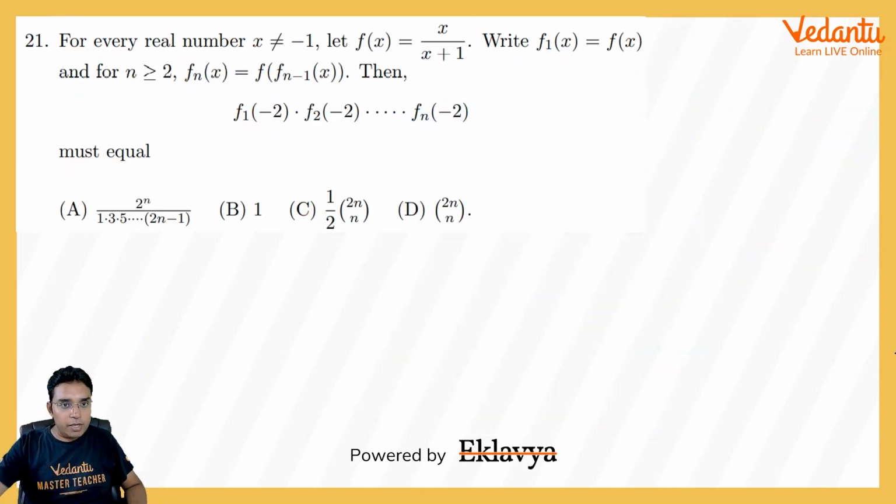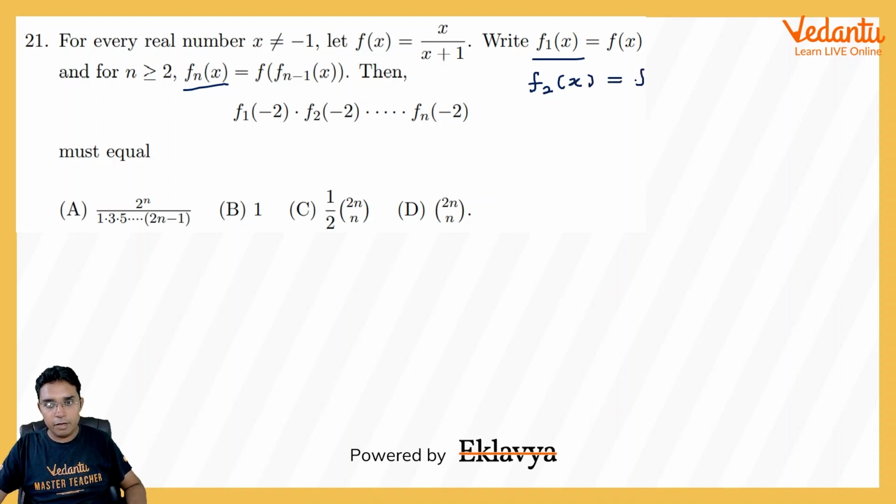Now coming to the next question, that is 21. It says for every real number x not equal to -1, f(x) is given by x upon x plus 1, and we are writing f1 as f(x) and fn(x) as f of f(n-1)(x). That means f2(x) would be f of f1, which means f of f(x).